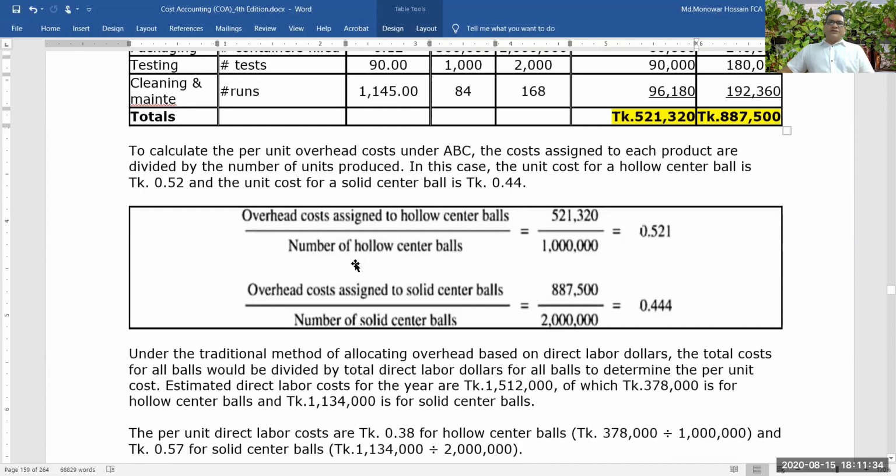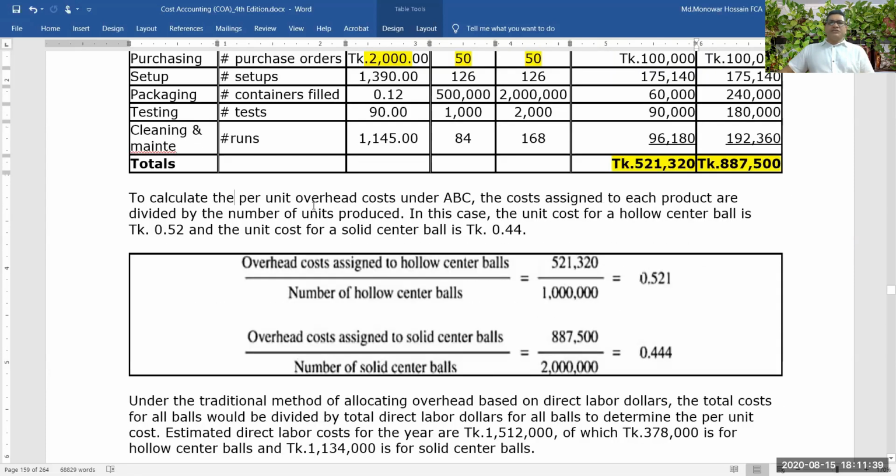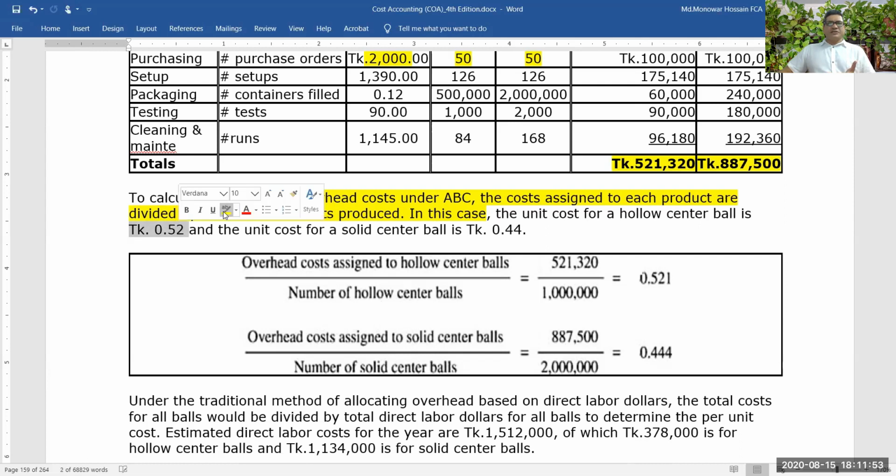And now if we go to calculate the per unit overhead cost under the ABC, the cost assigned to each product is divided by the number of units produced. In this case the unit cost of the hollow center ball is 52 paisa and the solid 44 paisa. How do we calculate it? Look here.